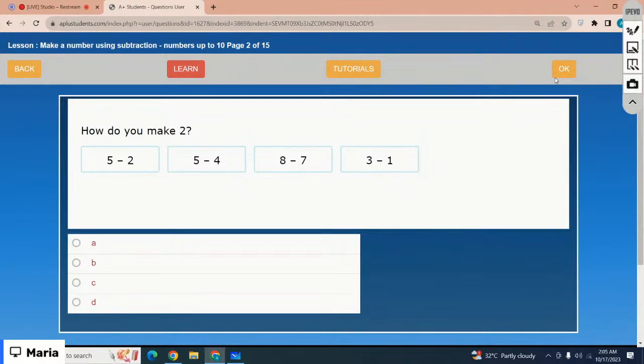Okay, how do you make 2? Which of the options is the correct one? You are given 4 options. You need to find the option that makes 2. So which option is the correct one?